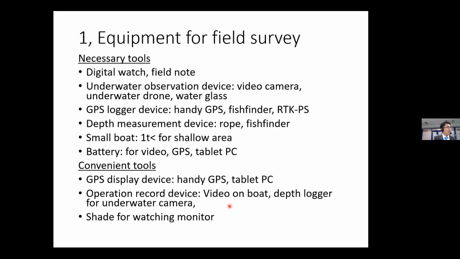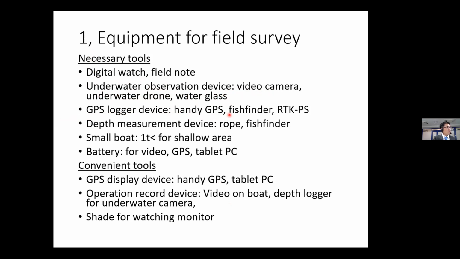Necessary tools are these. First, a digital watch, we must bring it, and a field note. And one underwater observation device, such as a video camera or underwater drone or water glasses is also good. And next, GPS logger devices. We have to log the tracks.